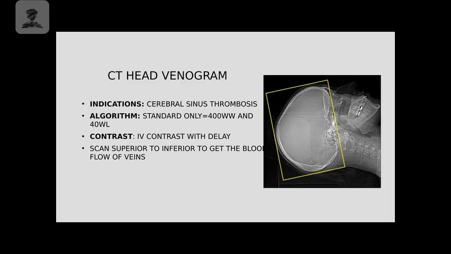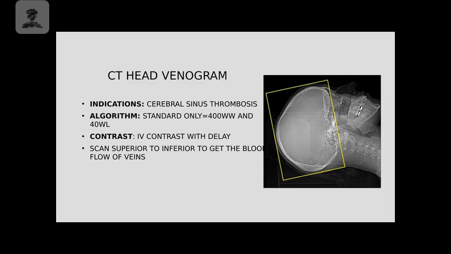And then we're waiting until it gets to the sinuses in the brain, and then for it to try and go back into the jugular vein. So, with that being said, we have a major delay. We're waiting almost a couple minutes before we're going to scan the patient to do the venograms. Because if we scan too soon, we're not going to see the contrast in the sinuses. It takes a little bit for it to get that far into the body.